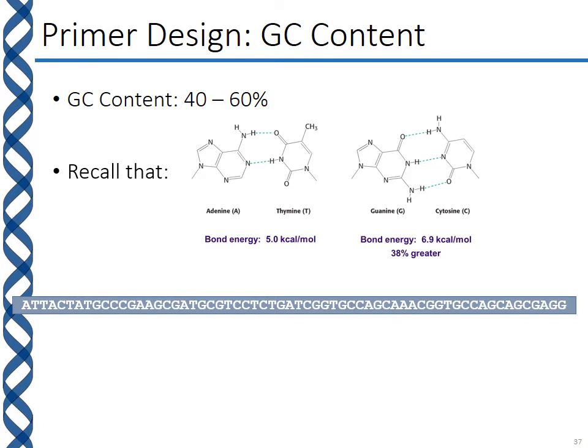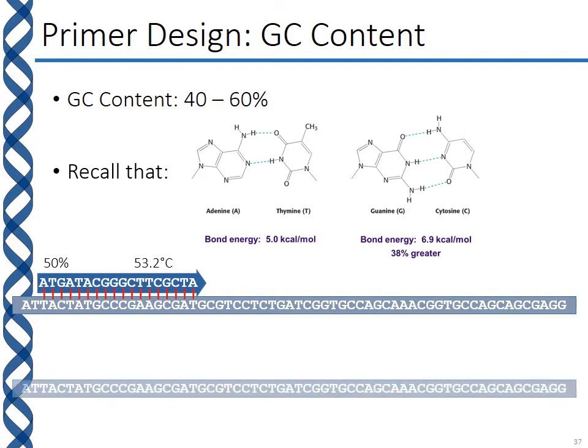Let's imagine this sequence here is the one that we're trying to amplify from. If we tried to bind our primer here, that particular target sequence is 50% AT and so 50% GC. And that gives us a TM of 53.2.